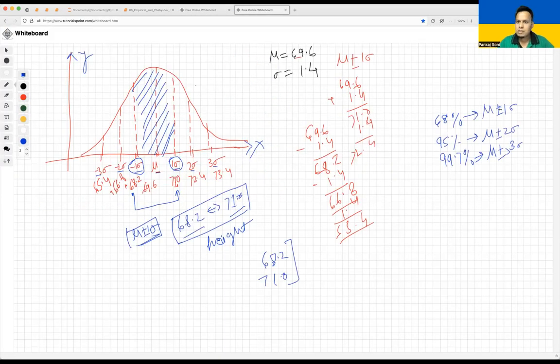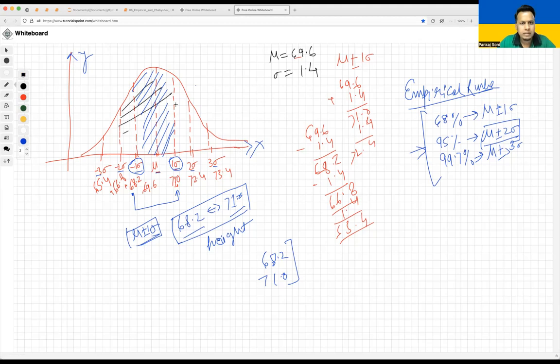As per the empirical rule, 95% falls between mu plus or minus 2 sigma. So let's go ahead and draw mu plus or minus 2 sigma, from here to here.